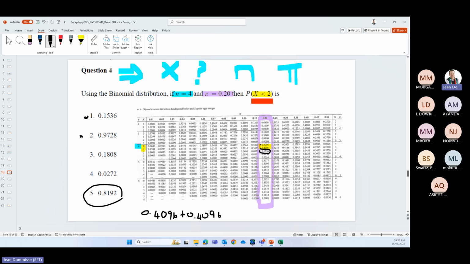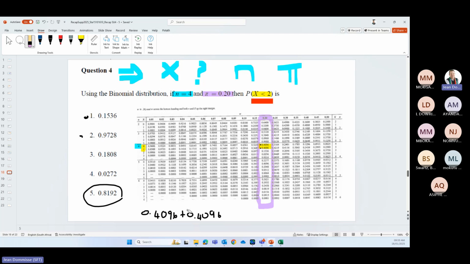So just be very careful in a question like this, and make 100% sure x smaller than 2 means you don't include 2. You're only looking at 0 and 1.